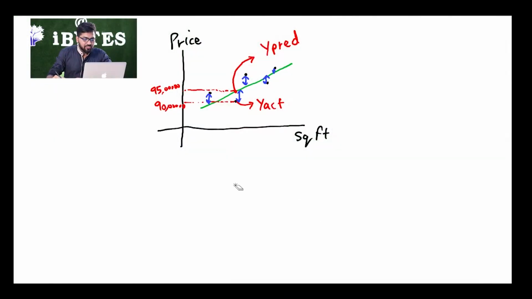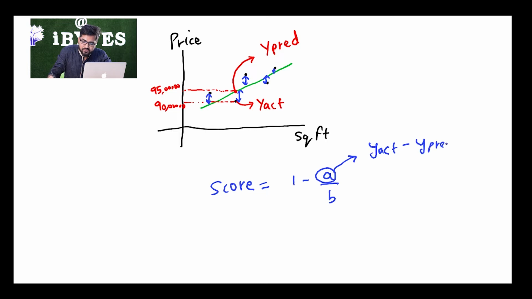For linear regression we have something known as score, whose formula is 1 minus a by b, where a is given as the summation of (y actual minus y predicted) square, and b is the summation of (y actual minus y mean) square.